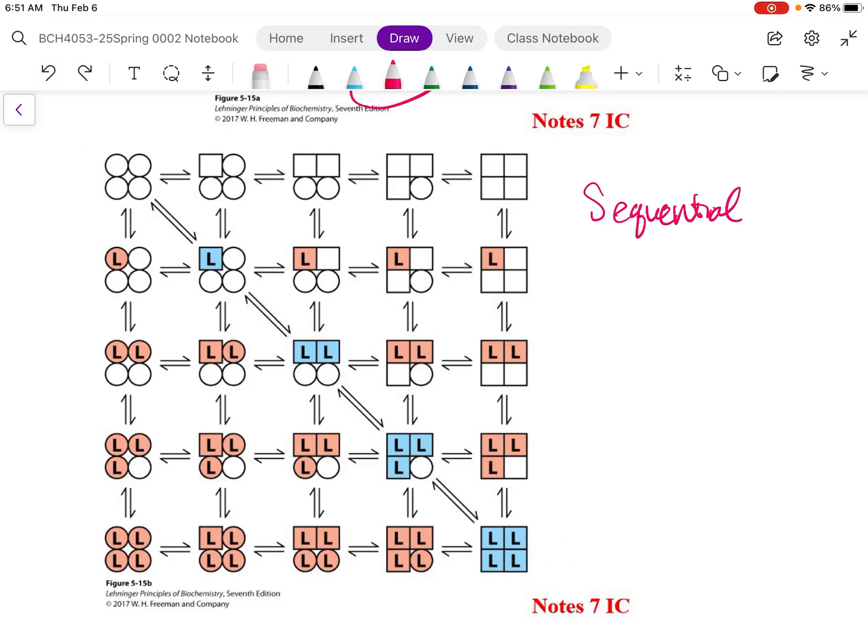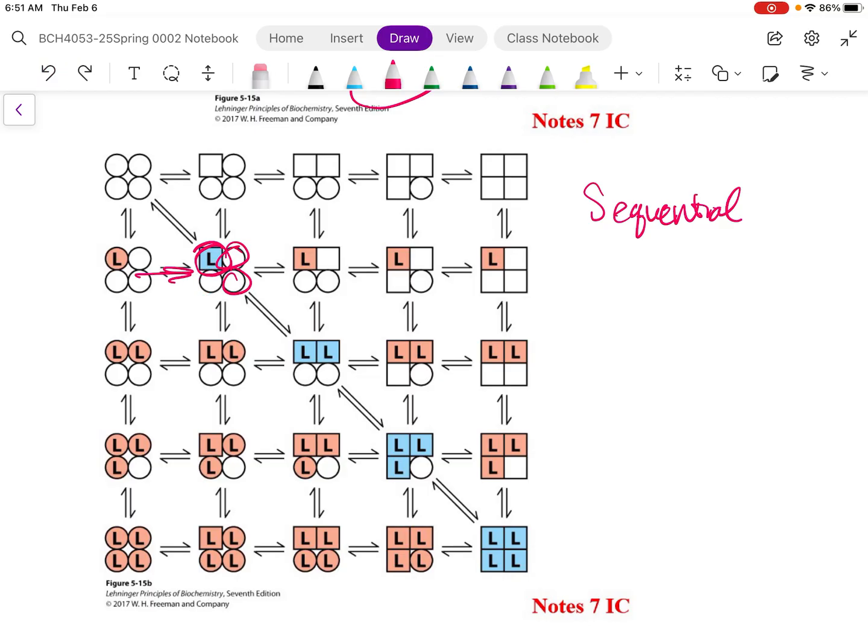When you have a ligand that binds, what does it turn into? Well, just that one subunit changed from a low affinity to a high affinity, but all the others remained low affinity.